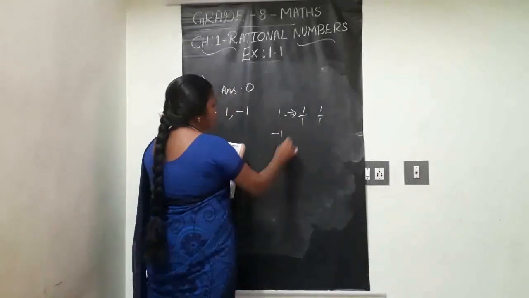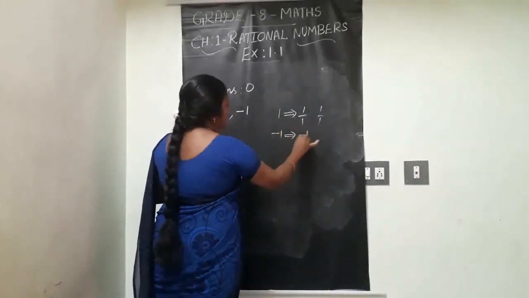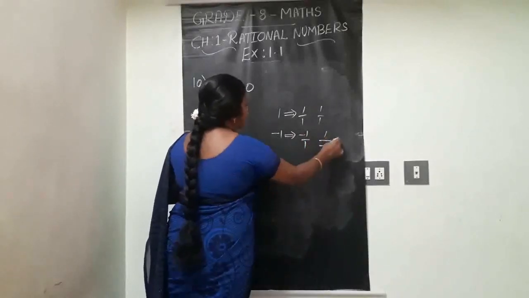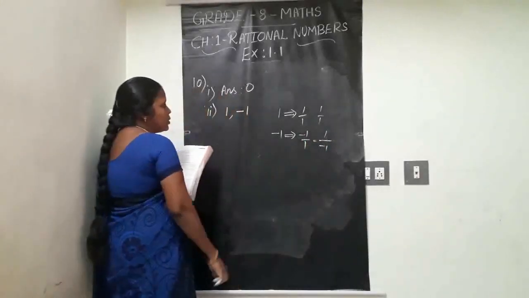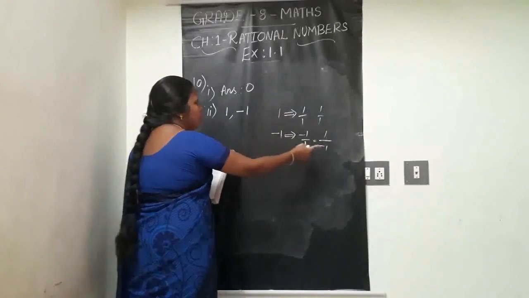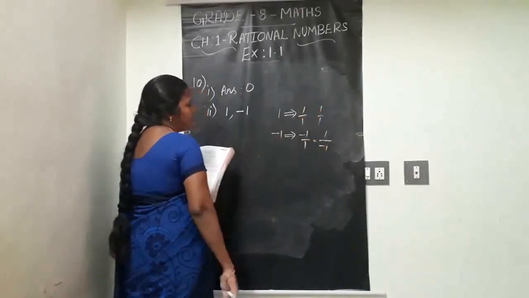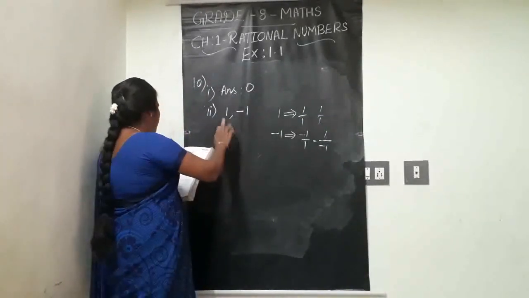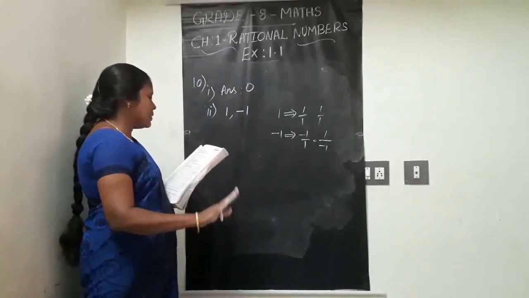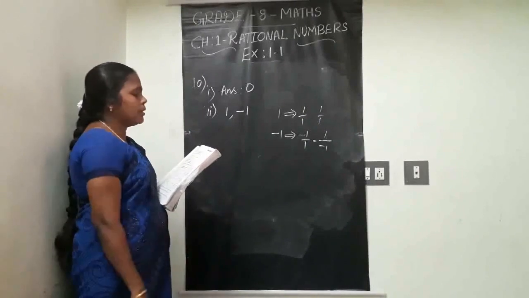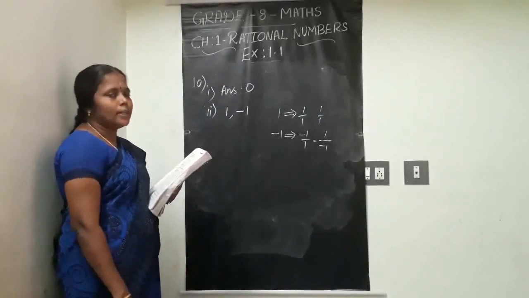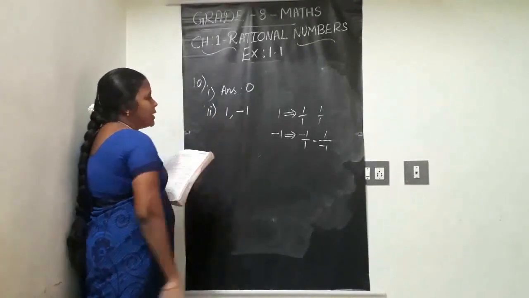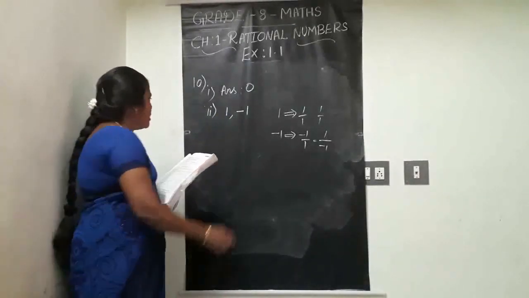Like that, minus 1 also. In fraction form, minus 1 by 1. What is its reciprocal? 1 by minus 1. Anyhow, both are equal only. So 1 is the reciprocal of itself. Likewise, minus 1 also we can take. So what are they asking? The rational numbers that are equal to their reciprocals. That means which two numbers? You can say 1 and minus 1 only. Third question.